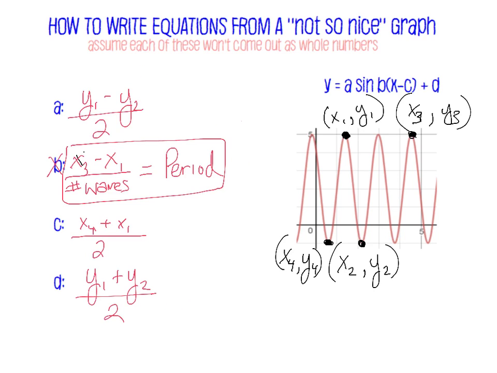If you can just remember, oh, my period is going to go from this wave to this wave, and find the average of those, recognize the period is a horizontal thing, use the x's, or recognize that when I'm finding my vertical displacement, I'm looking at y values, and I just need to find the middle of those y values. Don't get caught up in x1s and y1s.